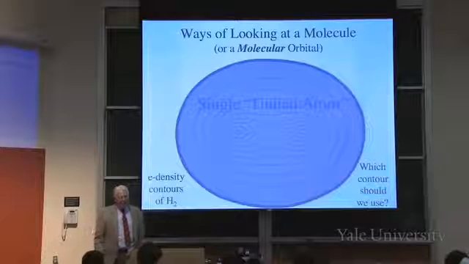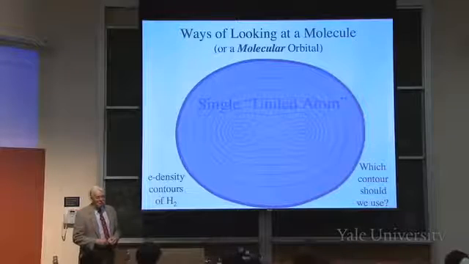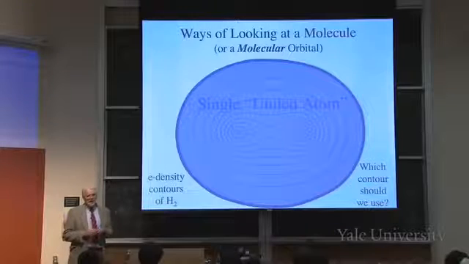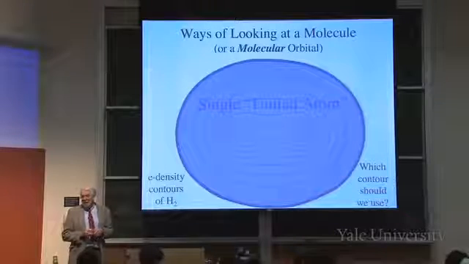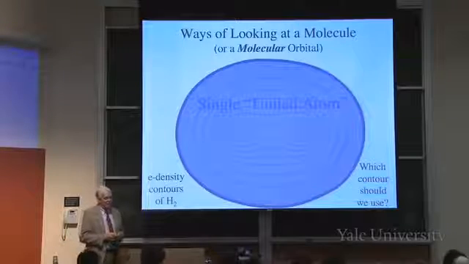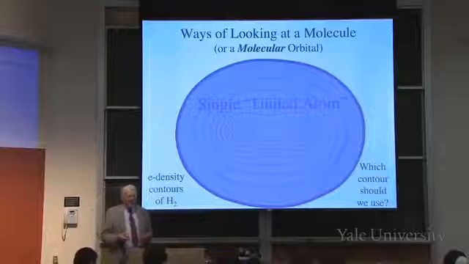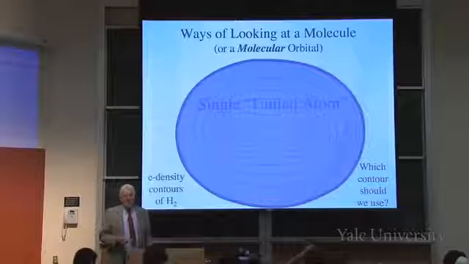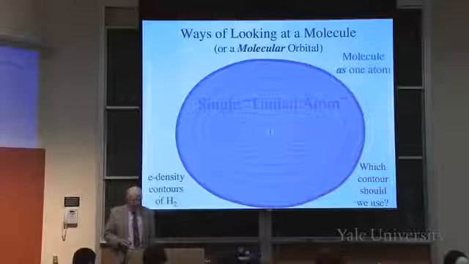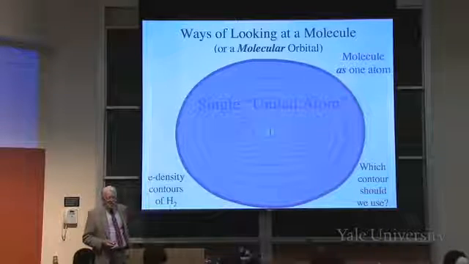But how about if we look way out there? Now, if you don't look really close, it looks spherical. It looks just like an atom, or almost like an atom. And if you went even further out, it would get spherical, for all you could tell. So that's the molecule looking like an atom with whatever number of electrons the molecule has. So that's the molecule as one atom.